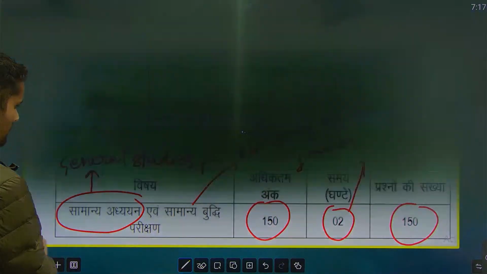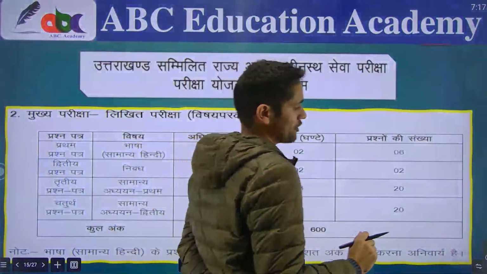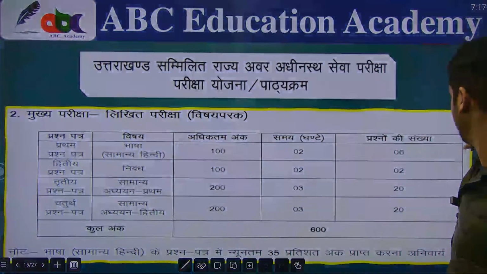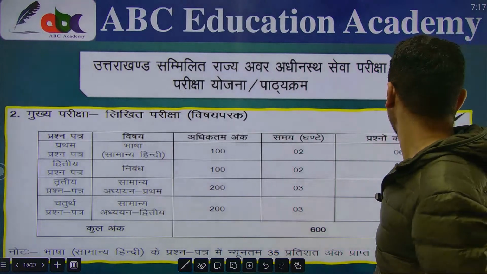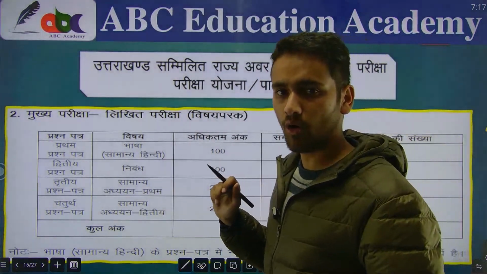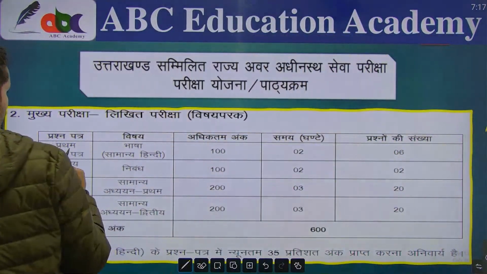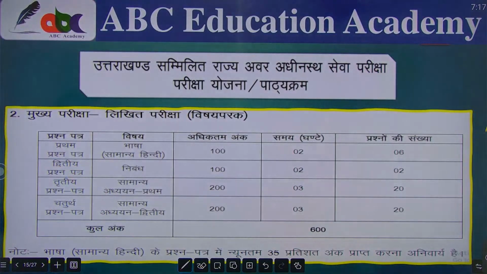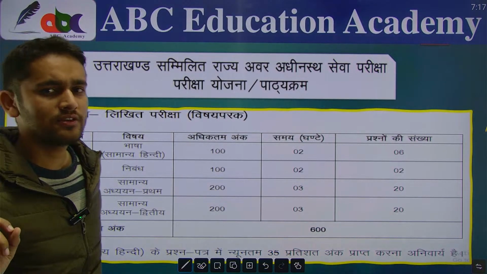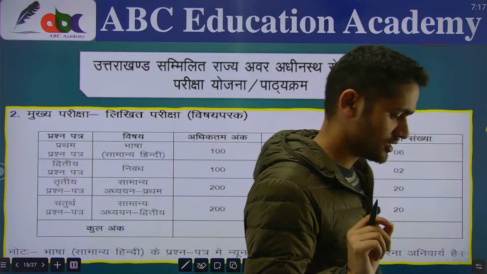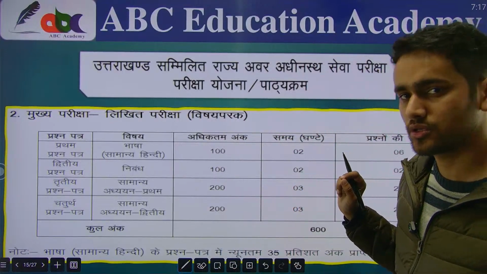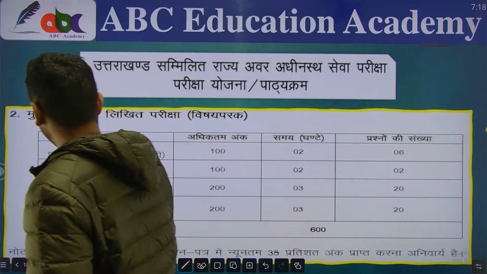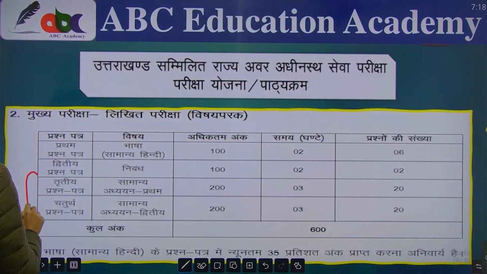Now we will talk about the mains pattern. I think you all are already aware of the fact that this time Uttarakhand Public Service Commission has made some changes in the exam pattern. They have introduced 2 new papers.